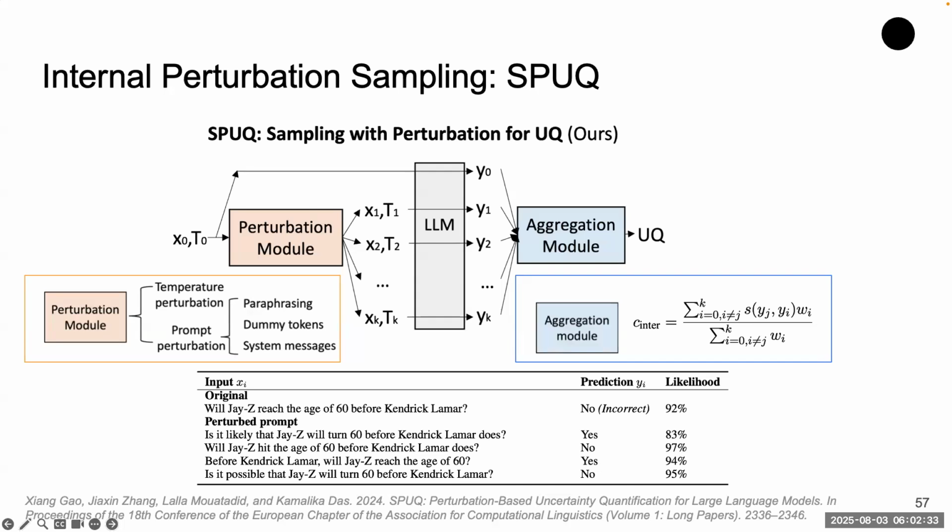With each combination of the perturbations, you then have the output, and then you have the aggregation module. Here, the aggregation module uses this term: S(yi, yj) is simply the similarity between the generated outputs. And then this weight here is the similarity between the original input x0 and the perturbed input.